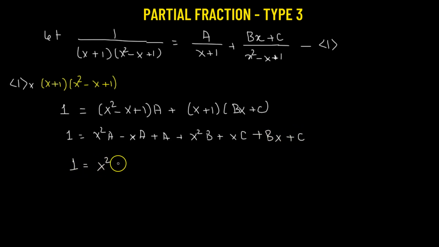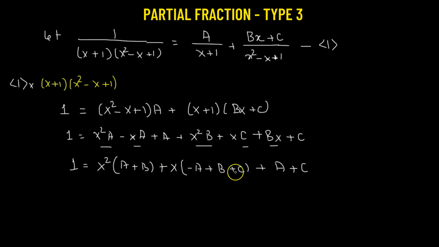We begin with x squared, and its coefficient is going to be a plus b, combining these two terms. Then we move on to the next like term, x, and its coefficient will be negative a plus b plus c, combining these terms. And then we have the remaining terms, which are the constants.